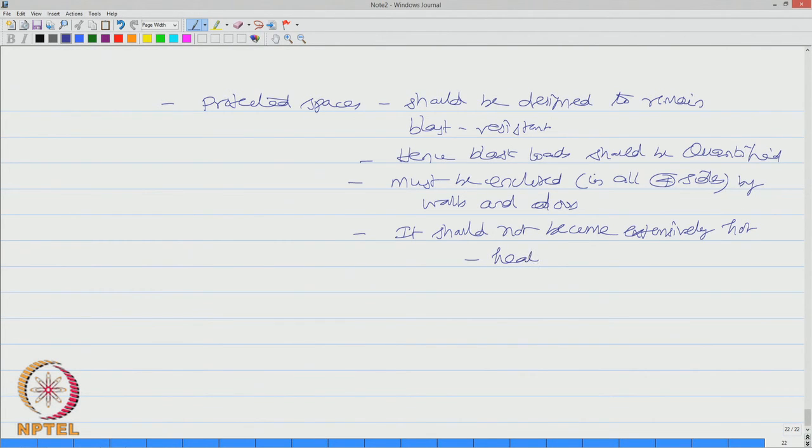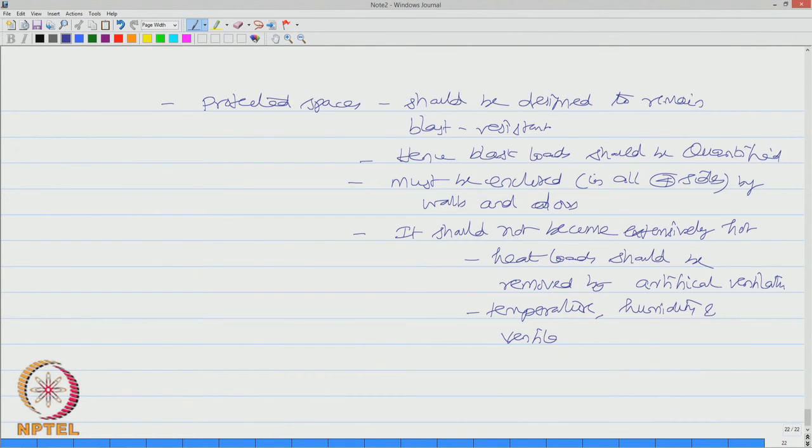Therefore, heat loads should be removed by artificial ventilation so that temperature, humidity and ventilation are controlled within the space.